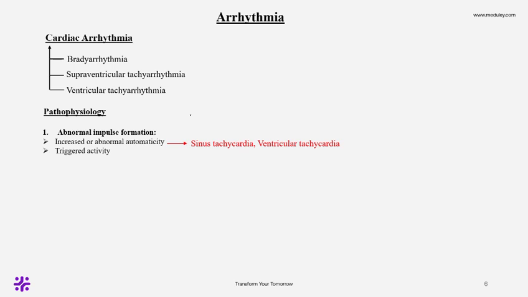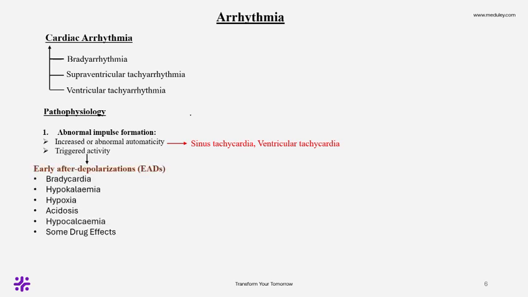That extra heartbeat is also called an extrasystole, and that triggering activity will lead to an arrhythmic condition. This triggered activity usually happens in two phases: the first is early afterdepolarization and the second is late afterdepolarization.